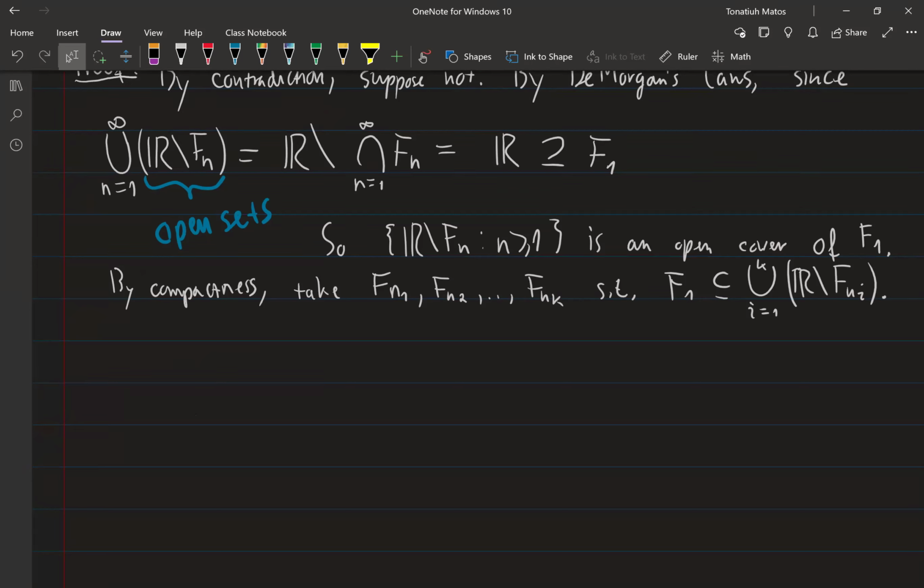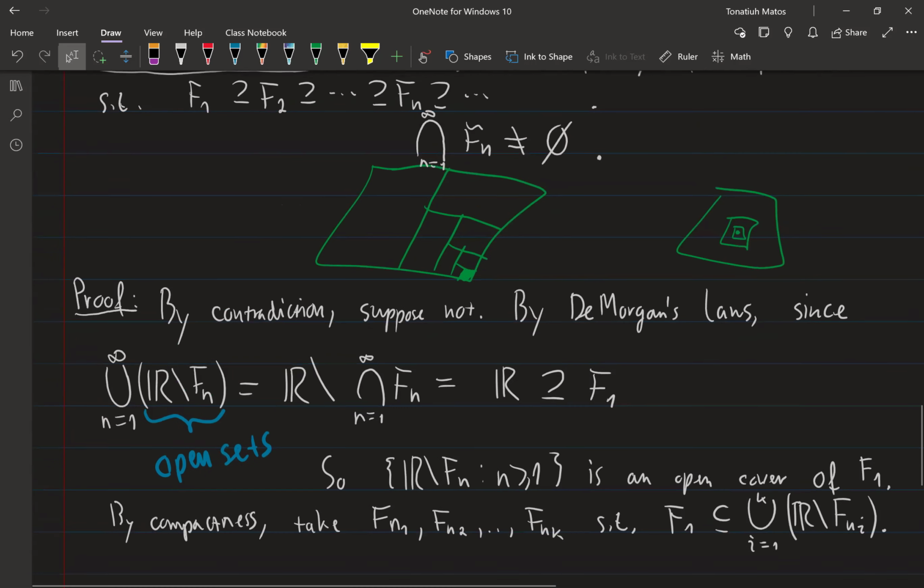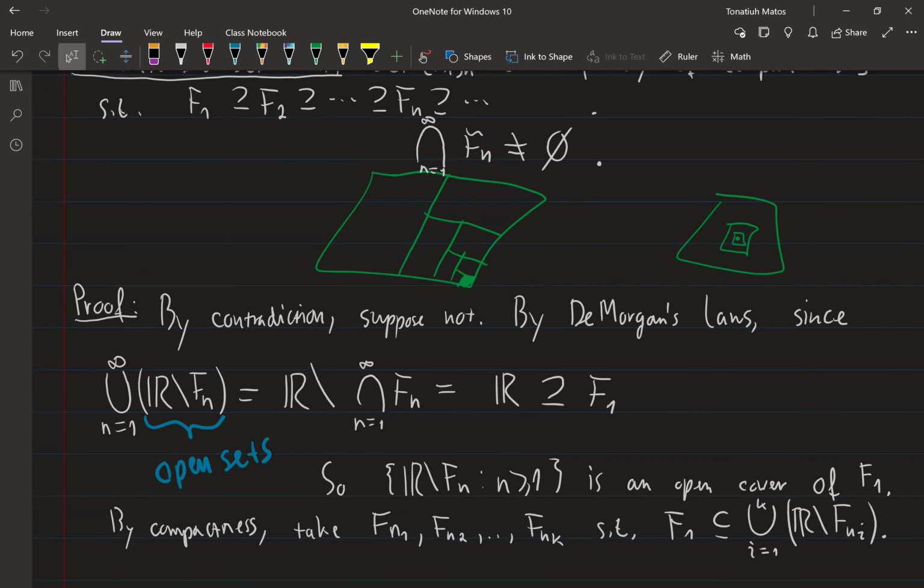Okay, so now we have that open cover, and what do we do now? Why is it important that this is a finite union? So any ideas how I would conclude from here? Any questions from the proof, or does it make sense until now, more or less?